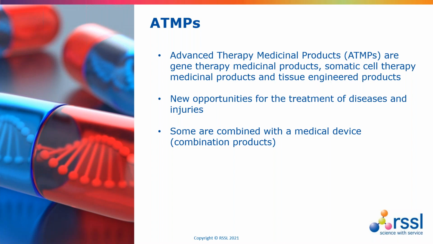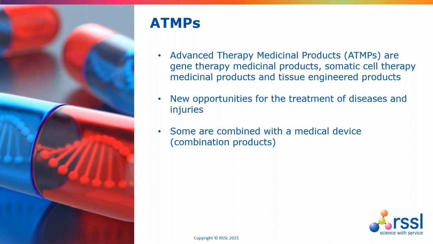And these represent truly groundbreaking and new opportunities for the treatment of various diseases, and they're particularly important for severe, previously deemed to be untreatable or chronic diseases, where conventional approaches in medicine have proven to be inadequate. And there's also a specific category we can add, which is where these advanced products are combined with medical devices. So this is what comes under the combination product banner as well.